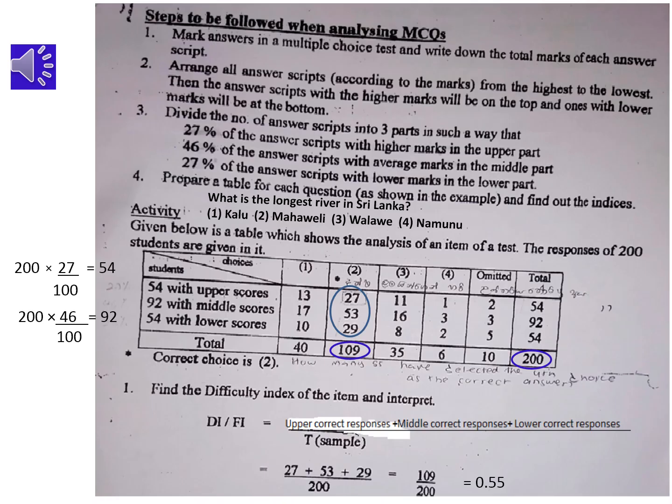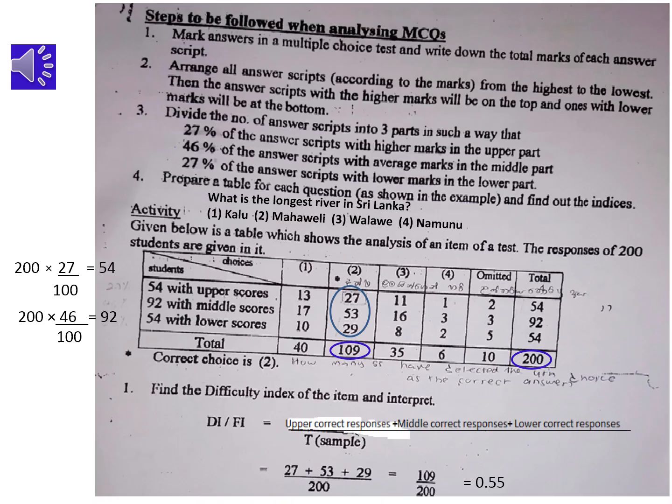Then 109 students have marked Mahavali as the correct answer out of 200. Likewise, you can get the totals. You can see the vertical total tallies with the horizontal total. They give all these things to you at the exam, but when you analyze by yourself, you have to do it like this. That's the table.